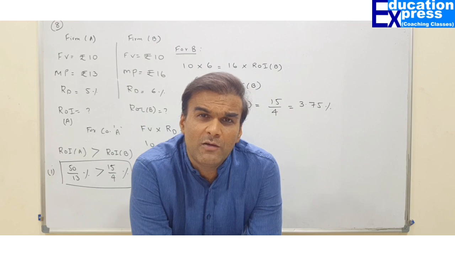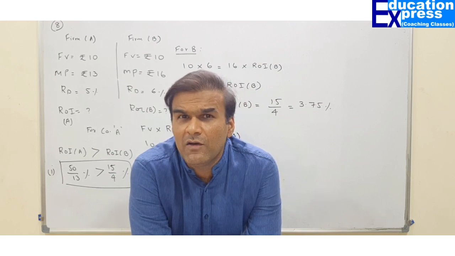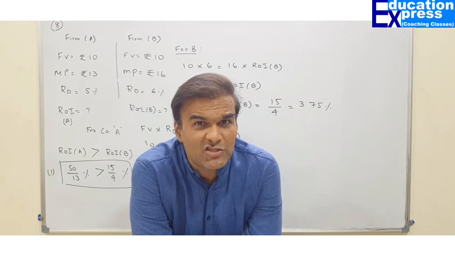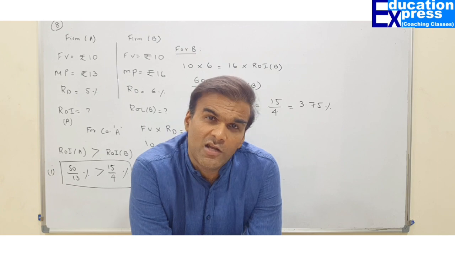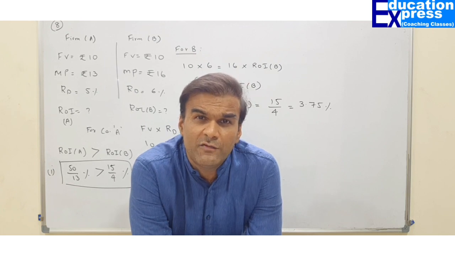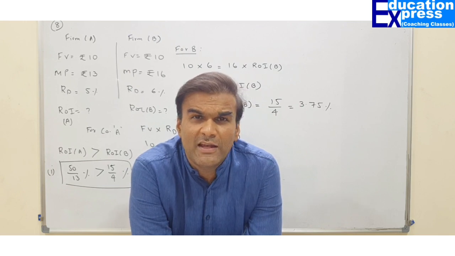That means the first firm, suppose he is investing X. So in the second firm also he is going to invest X only. Now this resulted in a difference in the income by rupees 30. So of course the first firm must have given him more, because the return on investment of the first firm is more than that of the second firm. So we can get to know what is the amount invested in each firm.